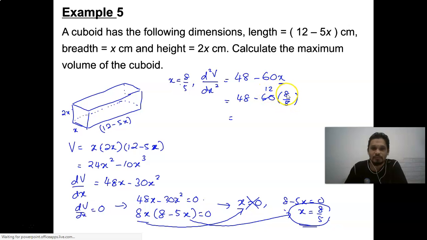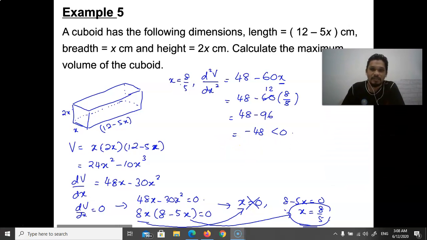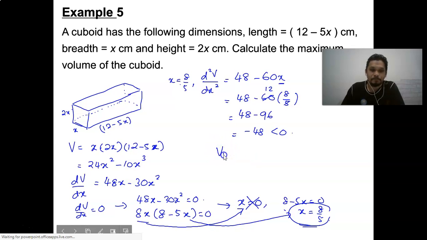Then 12 times 8 is 96. 48 minus 96 is negative 48, which is less than 0, so V is a maximum, because the question asks for the maximum. So V maximum is at x equal to 8 over 5.